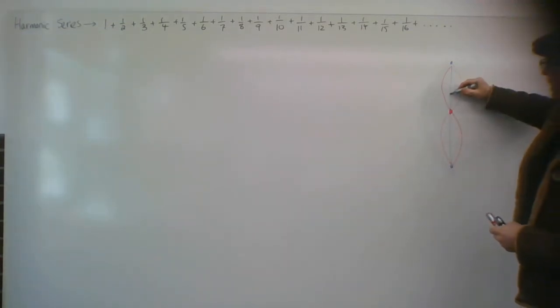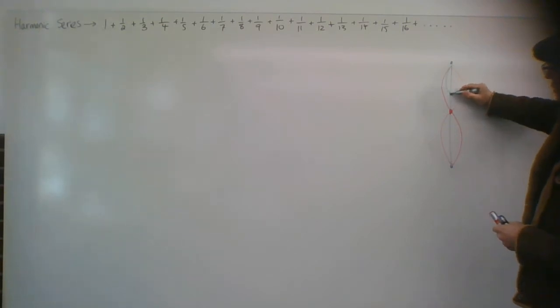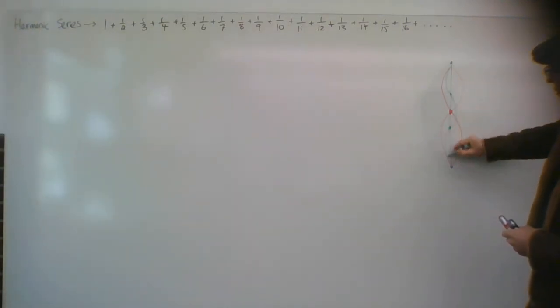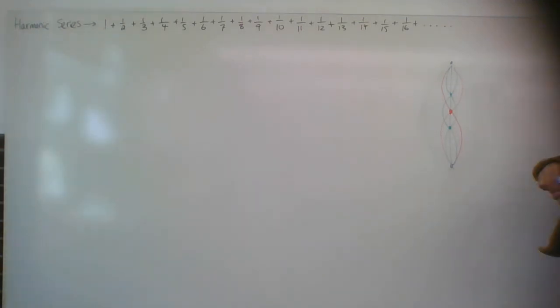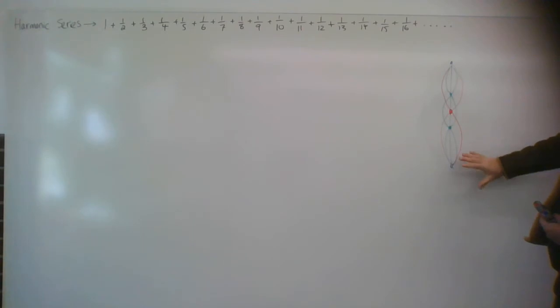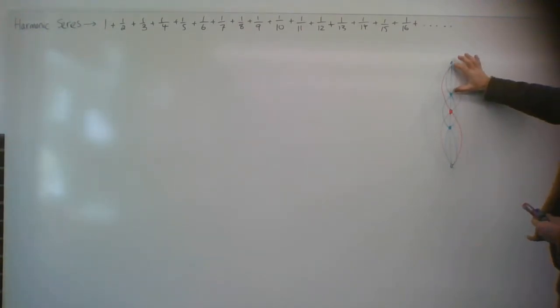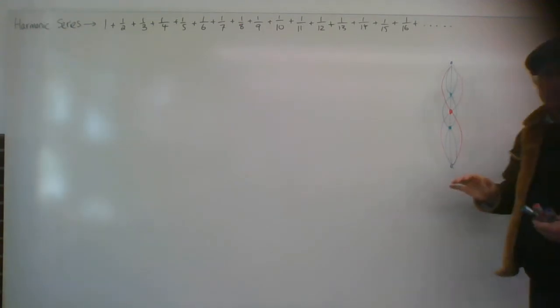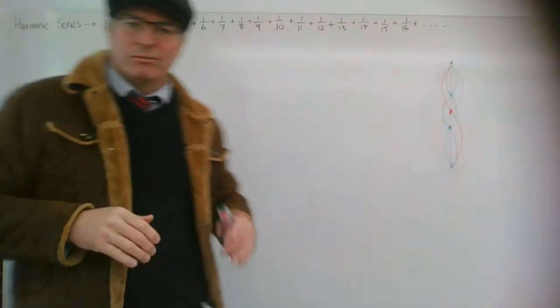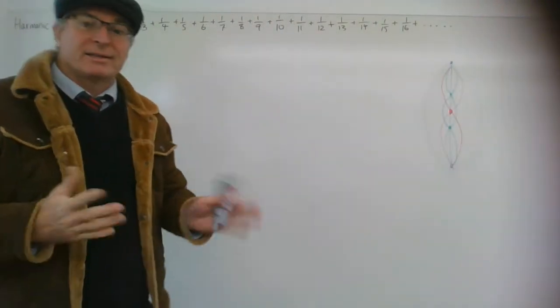So you could make three. So there's a node there, and a node there, and a node there, and so on. And that same length of string, if you were to third it, you could get this little guy oscillating that's a third of the length and making a certain sound relative to the big one, and somehow that's harmonics.